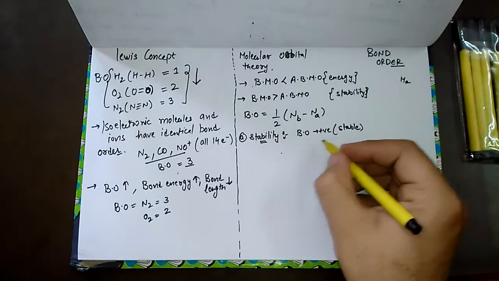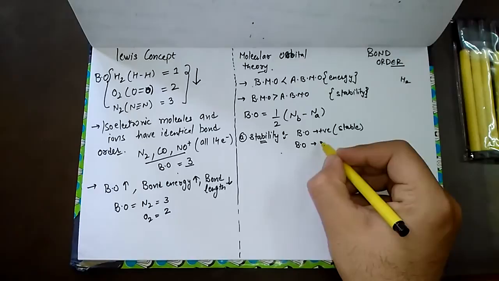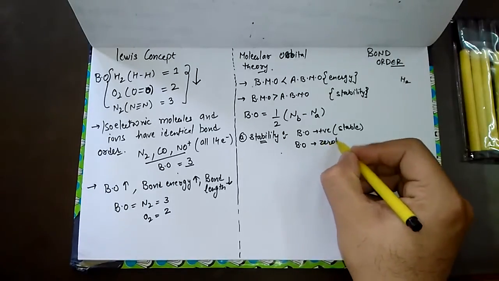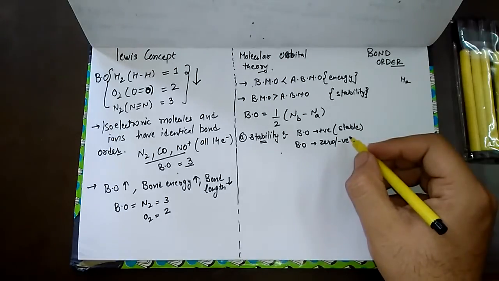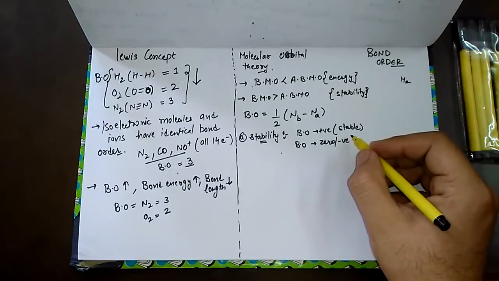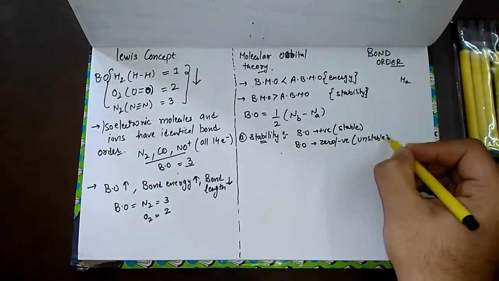If the bond order is zero or negative, we call it unstable.